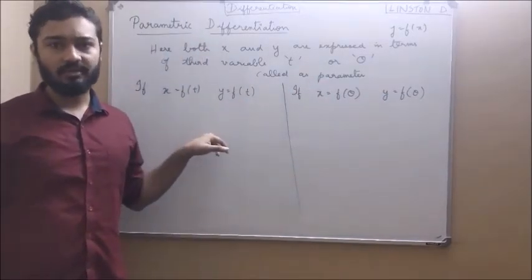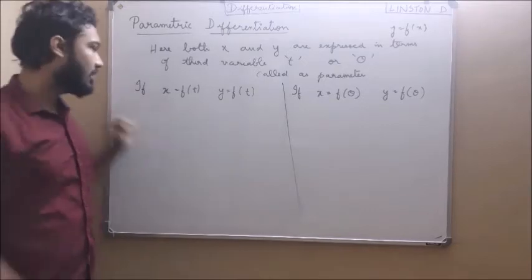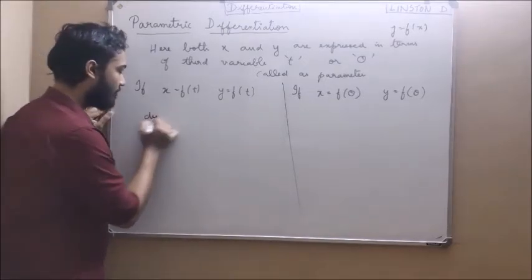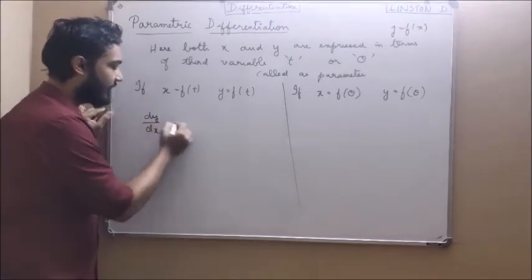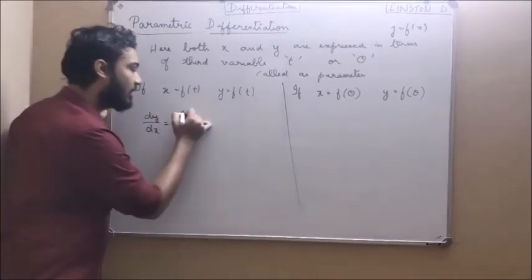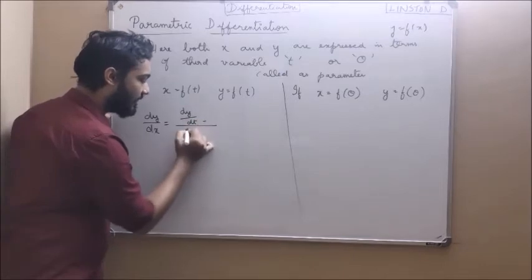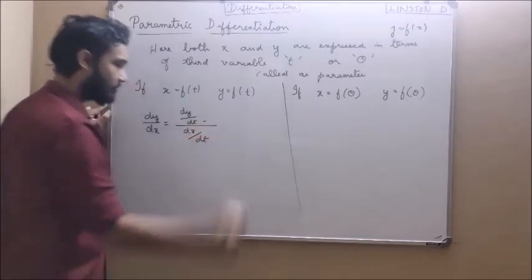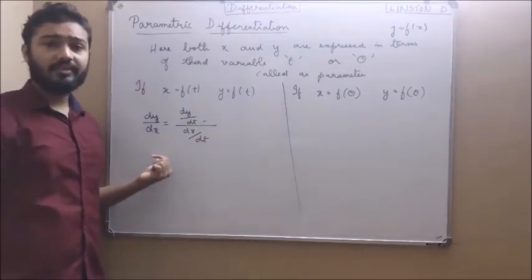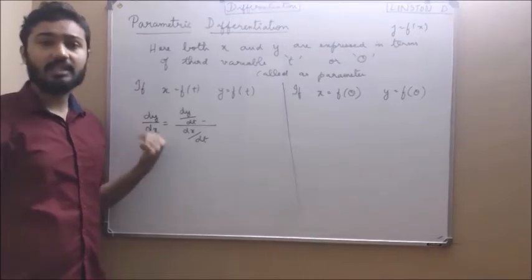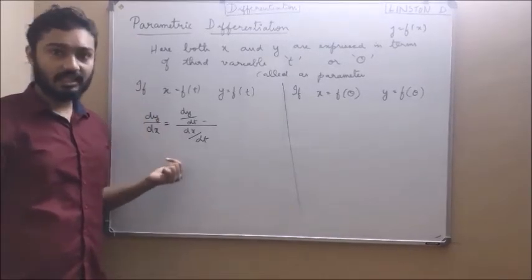How to find its derivative? Here dy by dx is nothing but dy by dt divided by dx by dt.